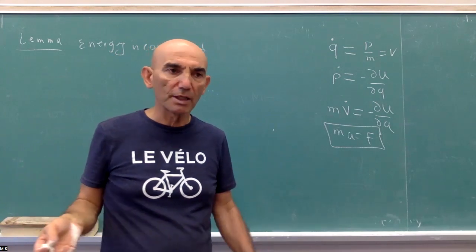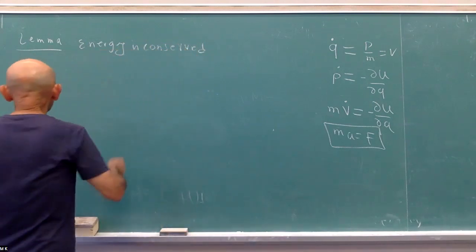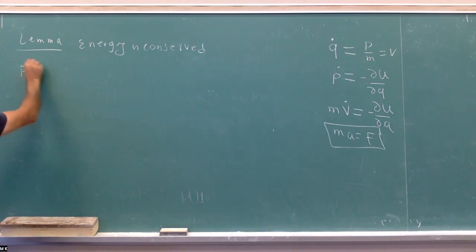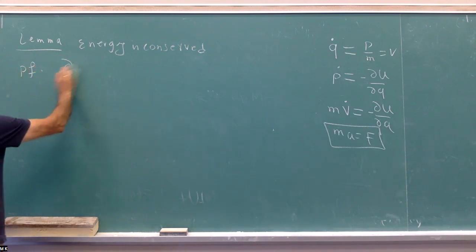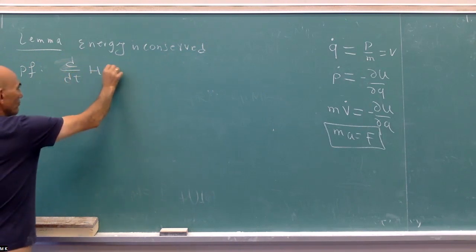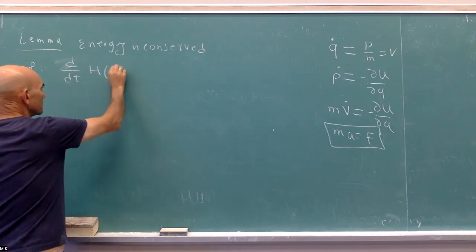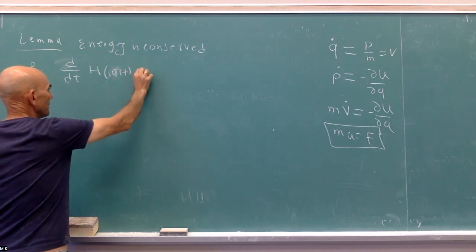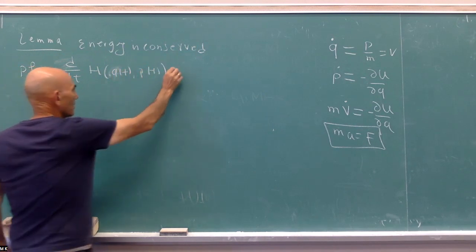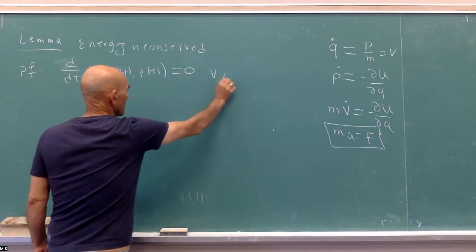So what do we mean by that? Well, it just means that if you take the derivative of H of P, Q, t, dH/dt is equal to 0.